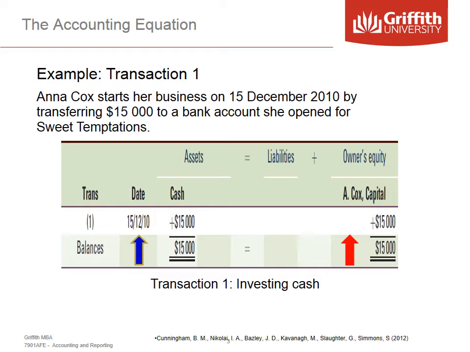That's her capital injection, or her equity. What's the asset that results? Well, the asset that results is a bank account with $15,000 in it. And so our accounting equation remains in balance, and there you have the beginning of a balance sheet, where the assets in the business have been funded by the owner's equity provided by Anna Cox.